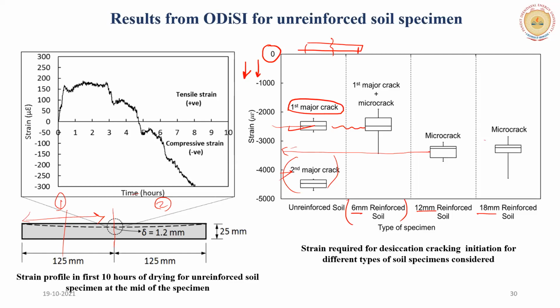Why will it be high? Because since the length has reduced, the shrinkage will reduce. That is why the tensile stresses developed will also reduce. So to make it crack, it has to take a lot of strain value to undergo the cracking, right?